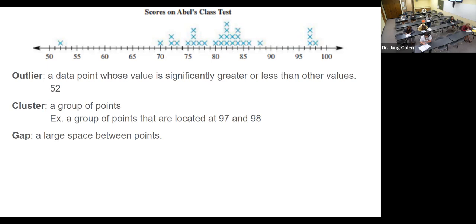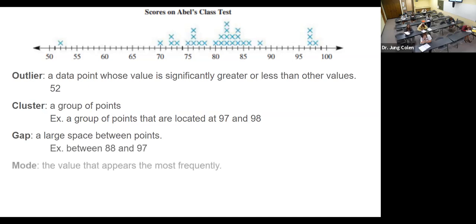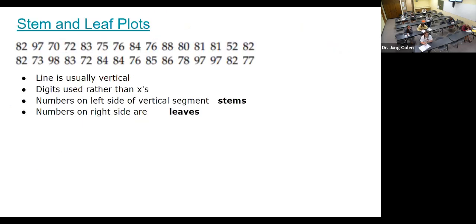There should be large spaces. Like here, there's a big gap between this cluster and that cluster. And I see a big gap here too between the candidate outlier and the rest of the numbers. Those are called gaps. And the mode, we already talked about that. The value that appears most frequently is called the mode.